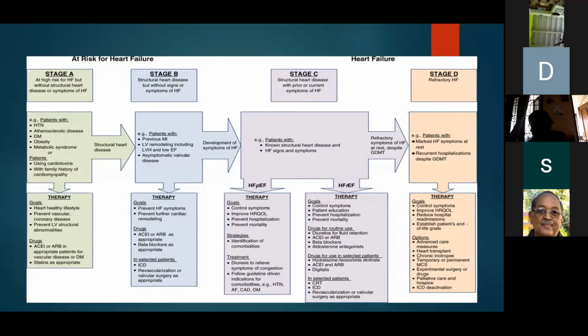The cardiac output is stroke volume into heart rate. What is the normal cardiac output? 5 to 6 liters.